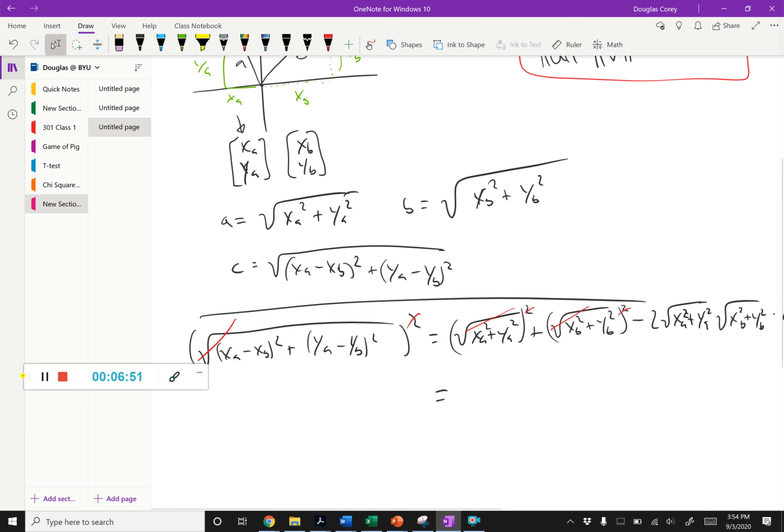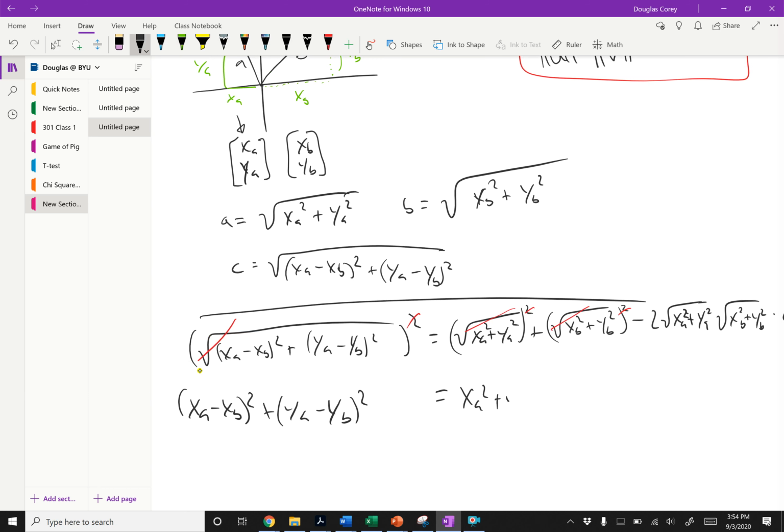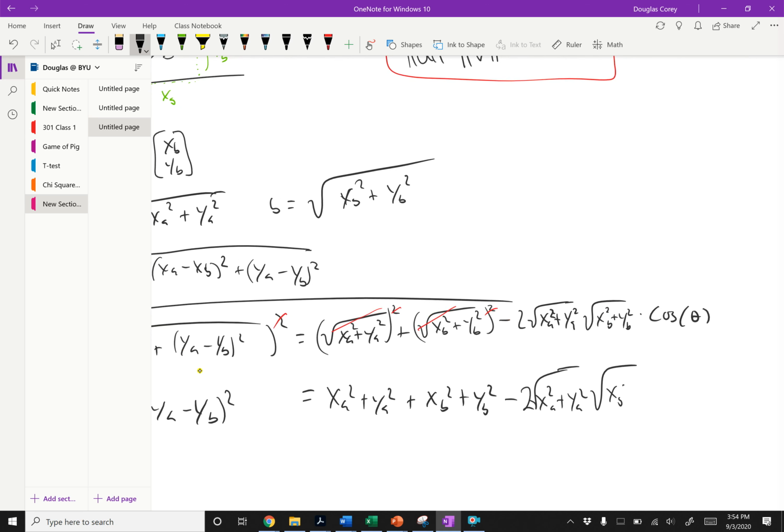We get x a minus x b quantity squared plus y a minus y b quantity squared equals x a squared plus y a squared plus x b squared plus y b squared minus 2 times the square root of x a squared plus y a squared times the square root of x b squared plus y b squared times cosine of theta.